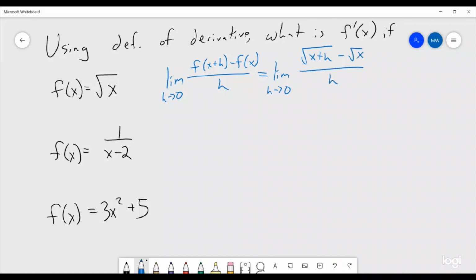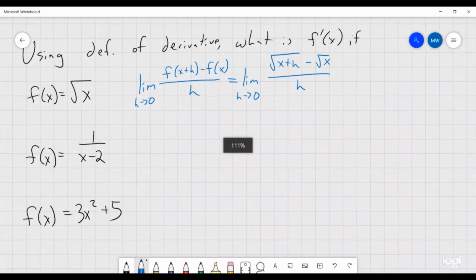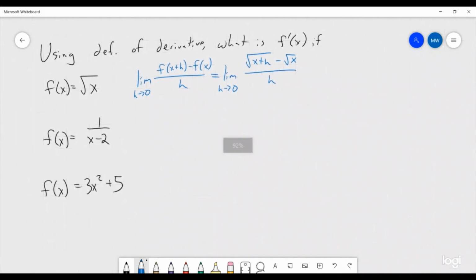all over h. Now, as we had a little bit earlier, we're going to be using the conjugates to approach this one. So multiply the top and bottom of this by square root of x plus h plus square root of x, over the square root of x plus h plus square root of x. This is a common technique anytime you have square roots in addition.